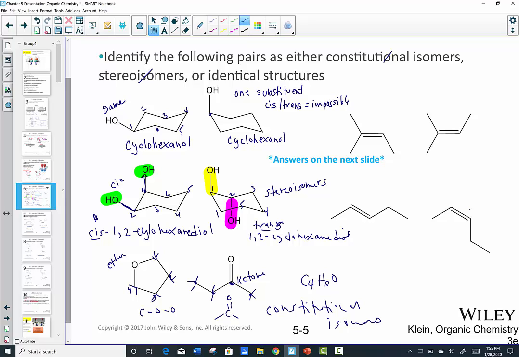Let's work the right-hand side examples, doing more of your homework problems. I'm going to find the longest carbon chain. And it looks like I can find the same here. 1, 2, 3, 4. This molecule is 2-methyl-2-butene.